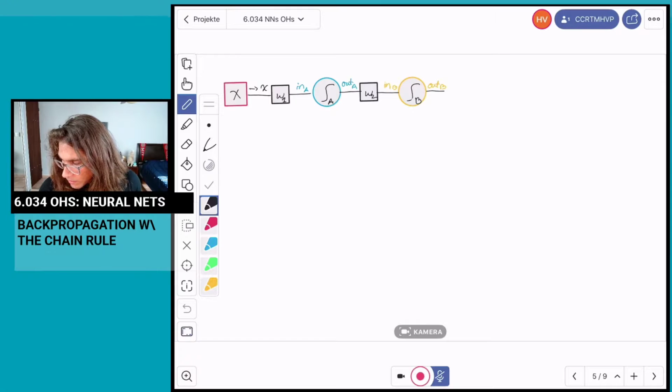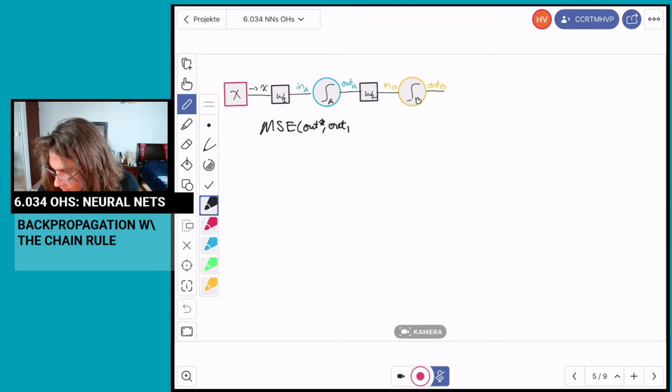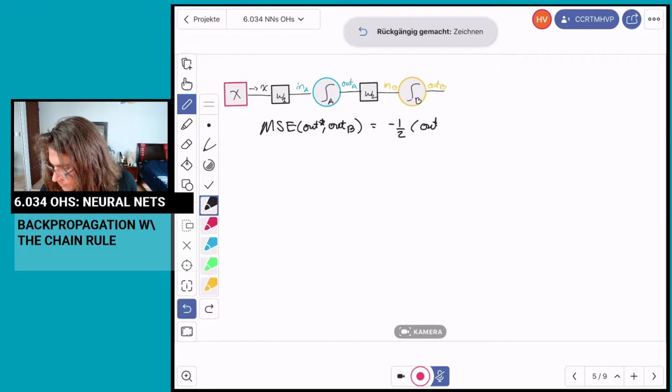So I'm going to rewrite the mean squared error here. This is going to be out star, and in this case, out B, because out B is the output of the network. This is going to be equal to -1/2 (out star minus out B) squared.